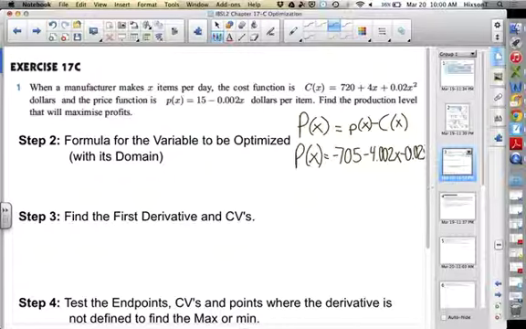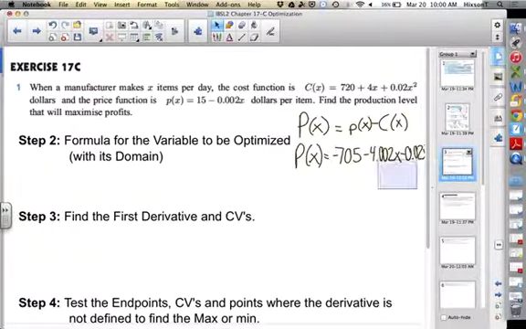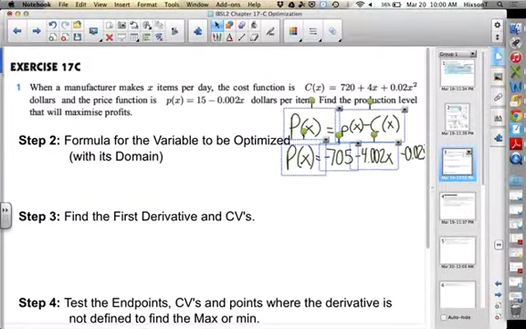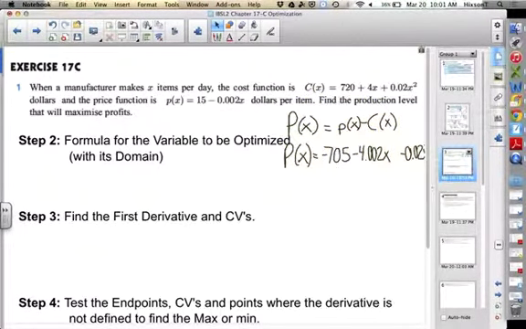Let me move this over. Wouldn't that be minus 715? 720 minus 15. Oh, 720. Yeah. So there's the function that we're actually wanting to work with.